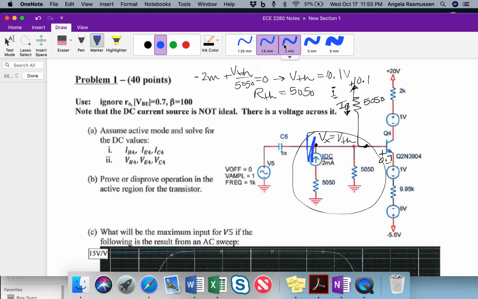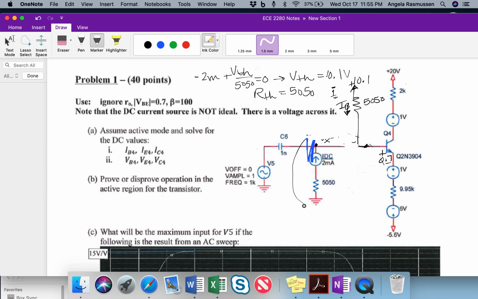So my new circuit using that Thevenin equivalent ends up looking like this.